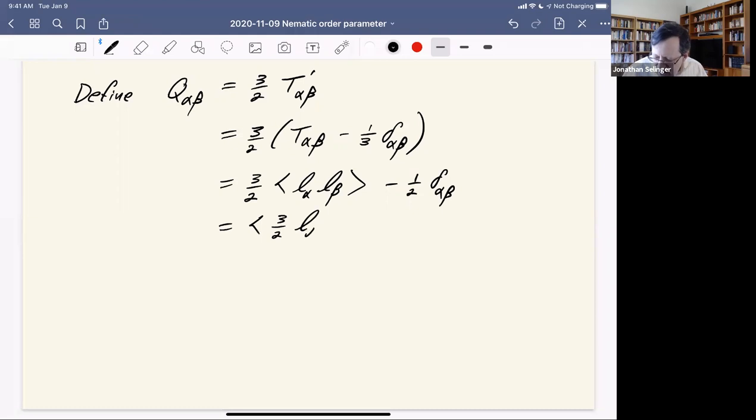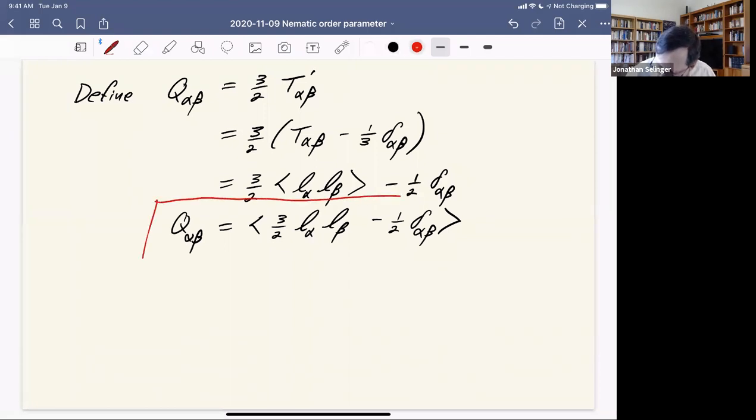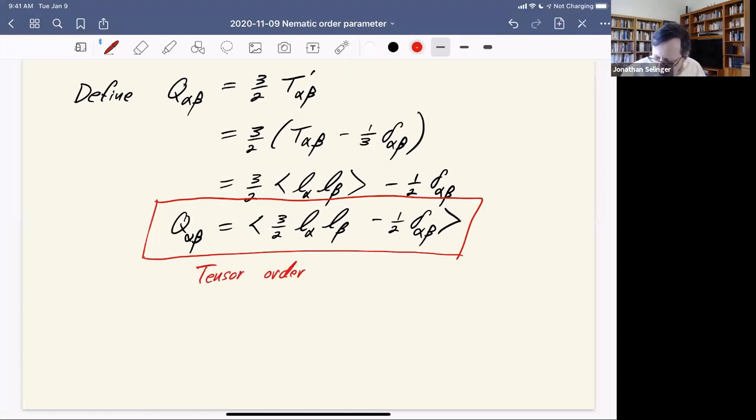We could say it's the average of 3/2 L alpha L beta minus 1/2 delta alpha beta, like that. So this is the standard definition of the nematic order tensor. I will put a box around it. So beautiful. That gets a box around it. And this is a tensor order parameter for the nematic phase.